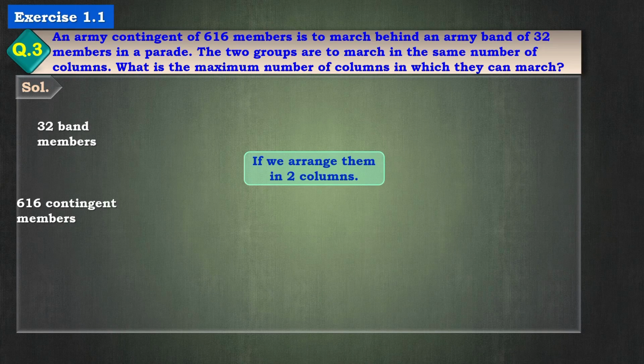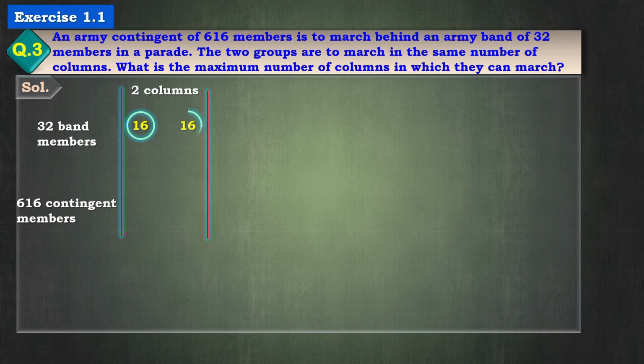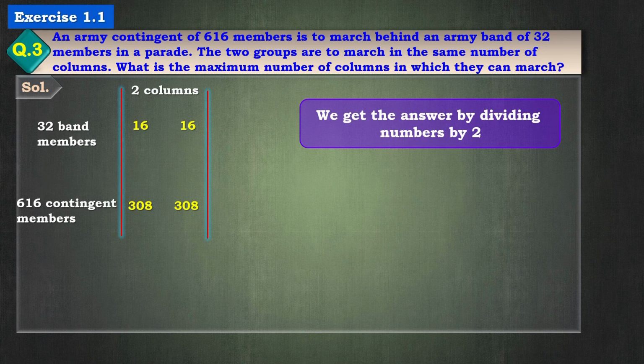Now if we arrange them in two columns, let's see the structure. For 32 band members arranged in two columns, each column will have 16 members. And for 616 contingent members, in two columns, it will be 308 for each column. We get the answer by dividing the numbers by 2.